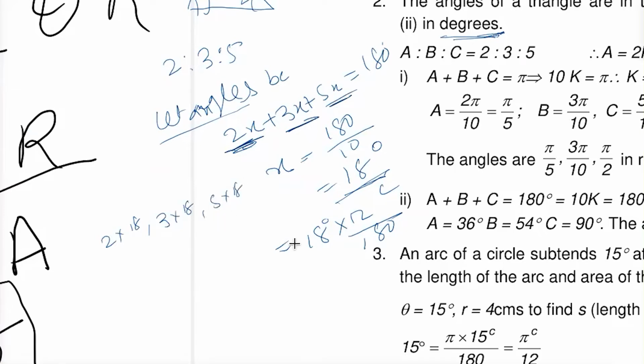So actually the value should be 2 into 18, 3 into 18, 5 into 18, right? Can anyone explain to me, sir? There is a lot of background noise, I cannot get it. Or you can write in chat.